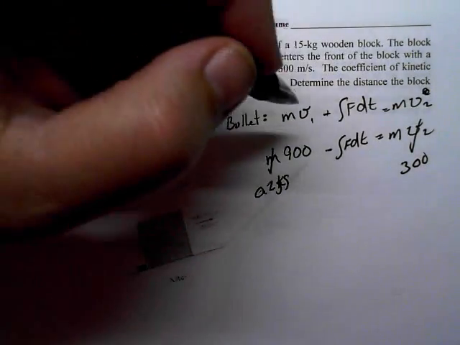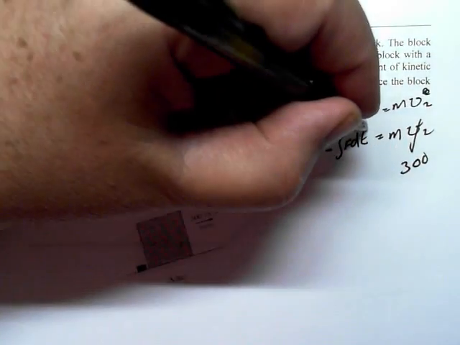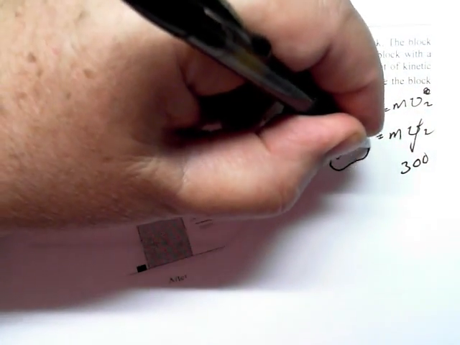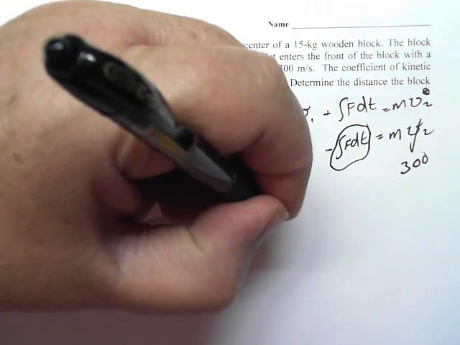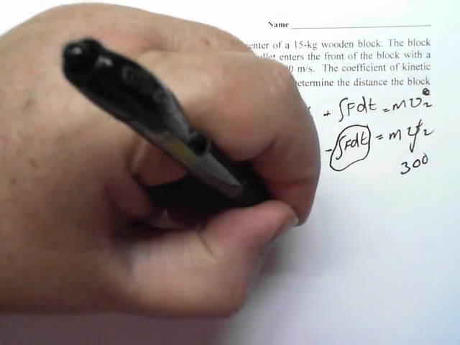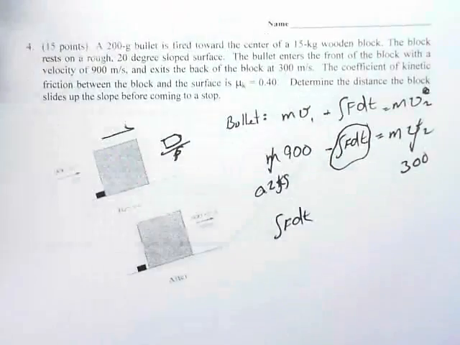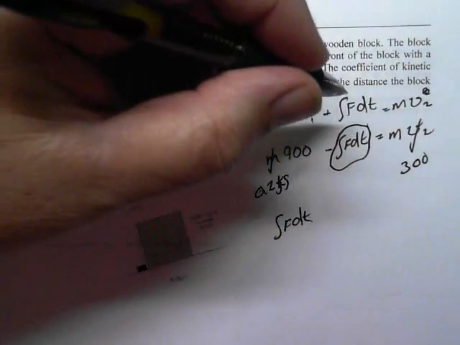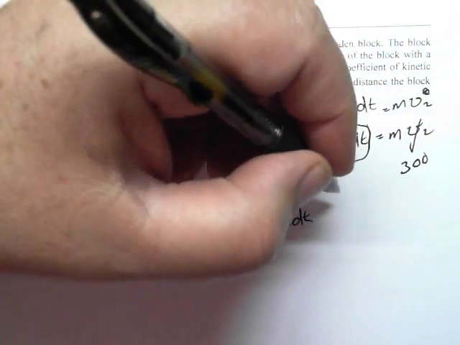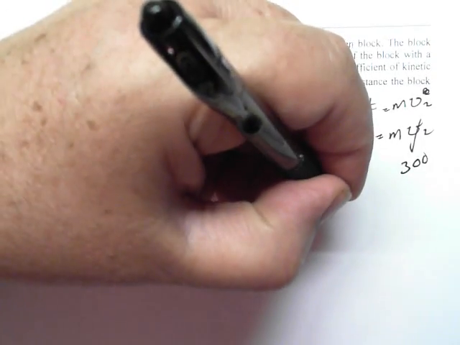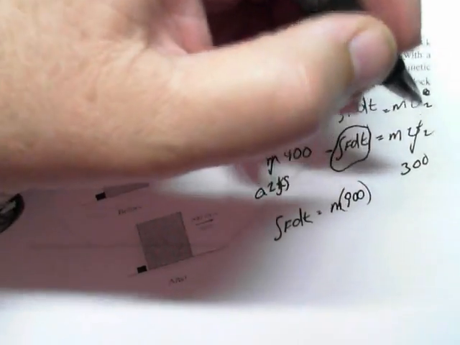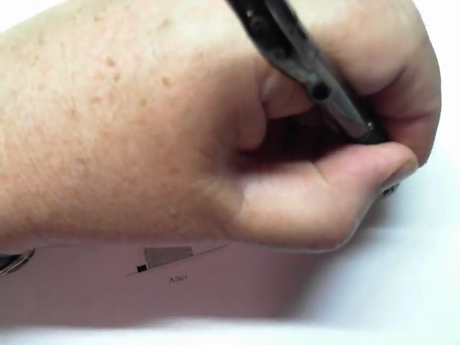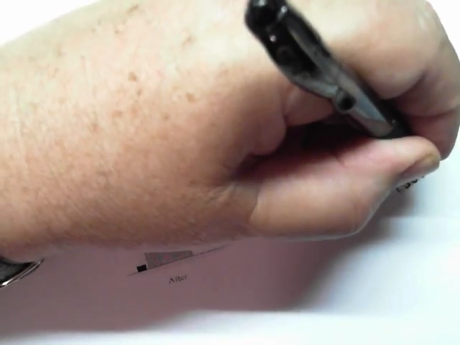Okay, the only unknown in this problem is the impulse. And so we'll be able to say that this integral f dt, the impulse, is going to equal mass times 900 minus mass times 300.